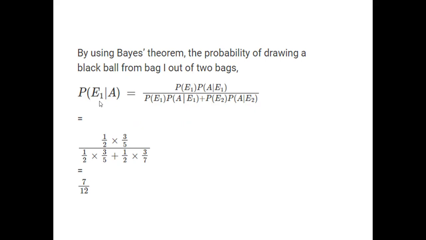So P of E1 given A equals the probability of occurrence of event E1 and the probability of occurrence of event A with respect to E1, divided by the probability of E1 and the probability of A given E1, plus the probability of event E2 and the probability of A given E2.